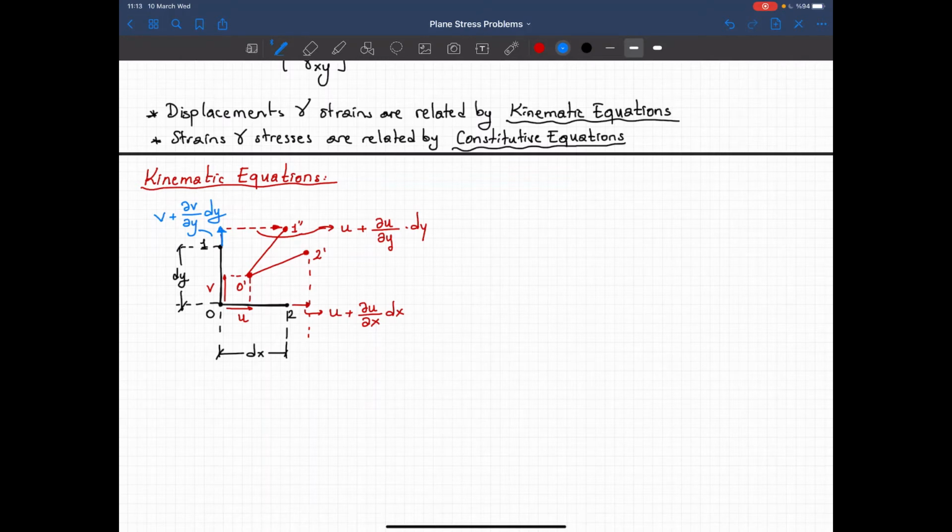And for point 2, this displacement is v plus the change of vertical displacement with respect to x multiplied with the length of the member.